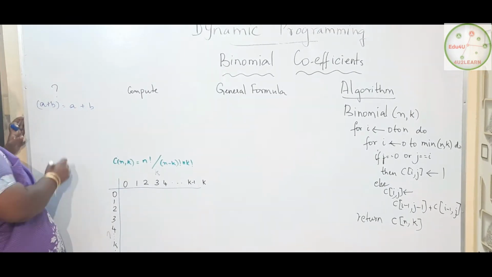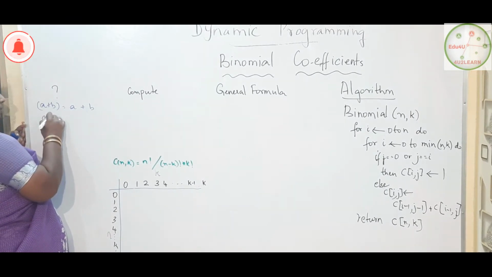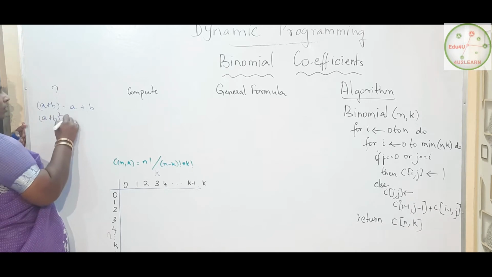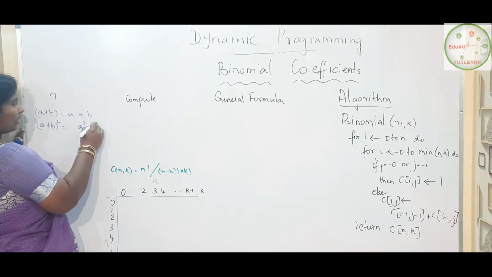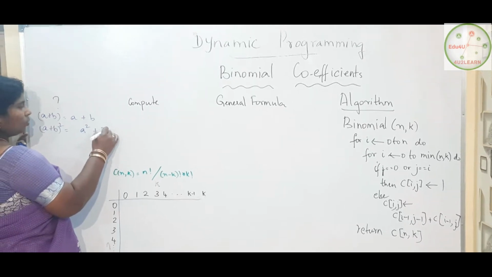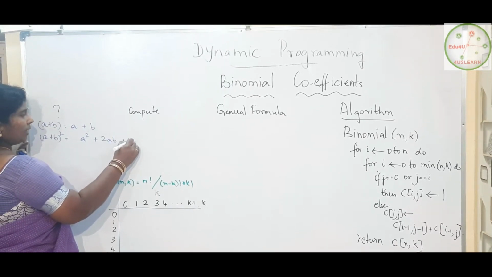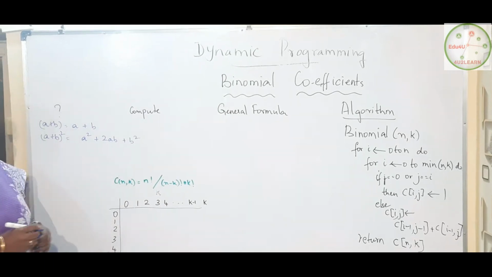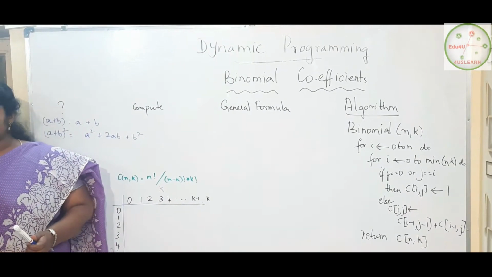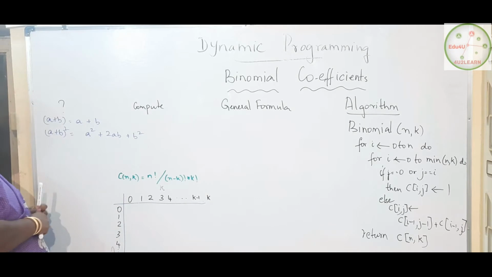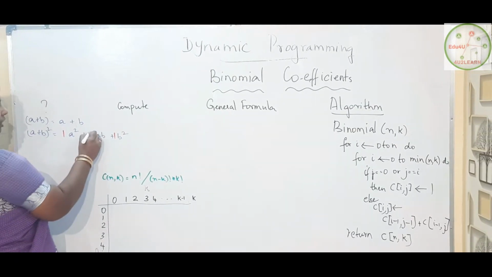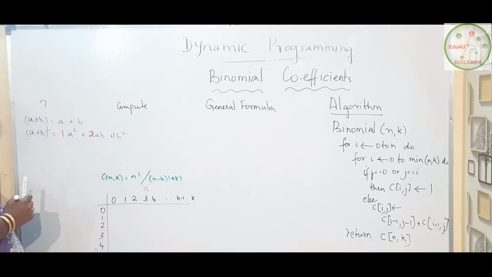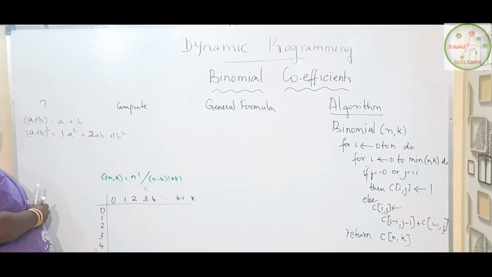When we take a plus b the whole square, our teachers taught us it is a square plus 2ab plus b square. A little elaboration: this is 1, this is 1 and here we have 2. These are the binomial coefficient factors.